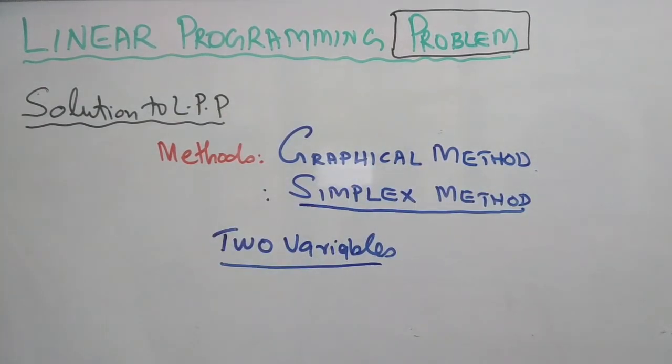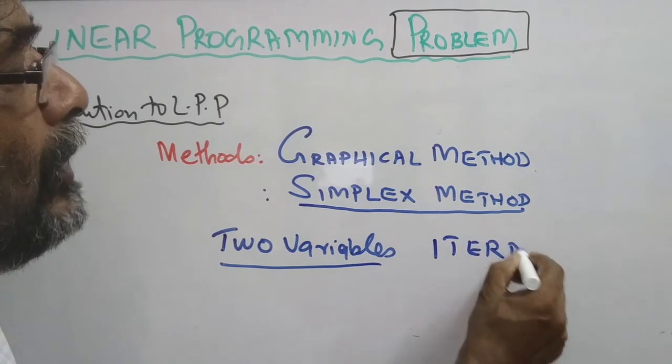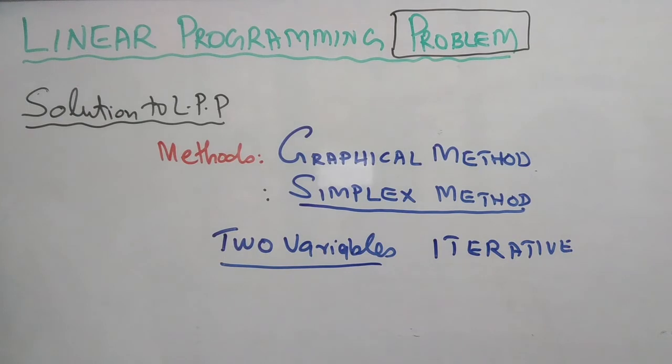Simplex is not a pure mathematical method. It is a method known as iterative. We are using a trial and error method for deriving a solution to a linear programming problem. A problem in two variables can be solved by the graphical as well as the simplex method, but a problem having more than two variables can be solved only by the simplex method.